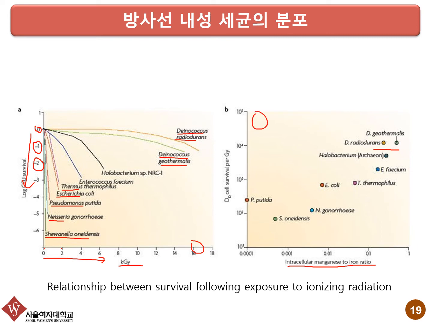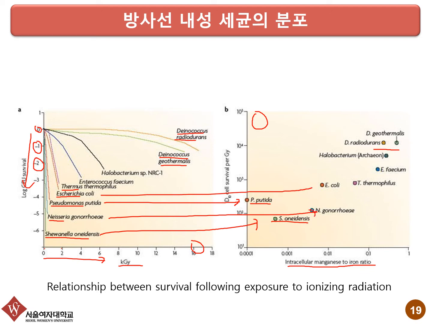But when the concentration is very low, like in Pseudomonas putida, Shewanella oriensis, Neisseria gonorrhoeae and E. coli, they cannot survive even a low dose of radiation. That means the intracellular manganese ion ratio is one of the key factors for cell survival, because manganese ions are very important to control or reduce the oxidation of proteins when there is radiation.